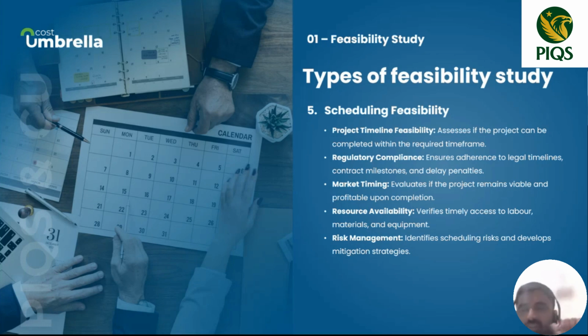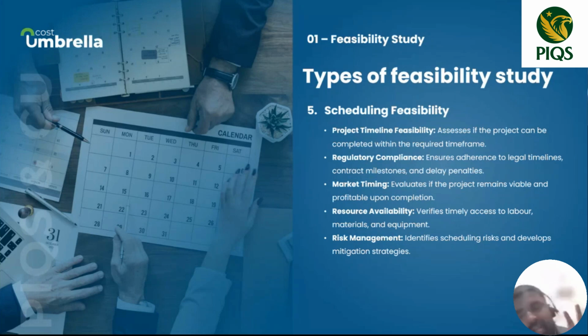So now we have discussed five criteria, right? First, we discussed technical feasibility, whether we have the technical capability. Then economic feasibility, related to arranging and maintaining funds. Then scheduling feasibility, operational feasibility and legal feasibility.